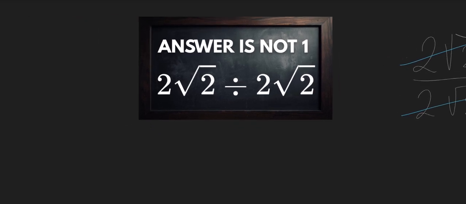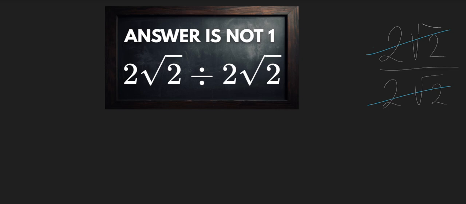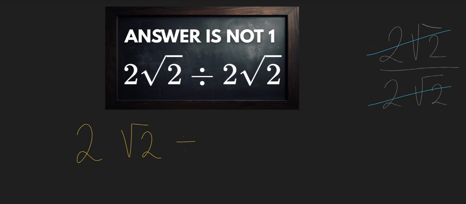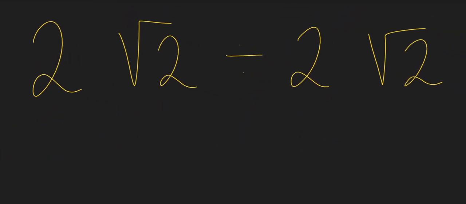2 square root of 2 divided by 2 square root of 2. What we basically mean by this is, let me write them all one by one. 2, and then square root of 2, and then divided, and then again 2, and then square root of 2. Now the thing is, between 2 and square root of 2, there is a multiplication sign, right?